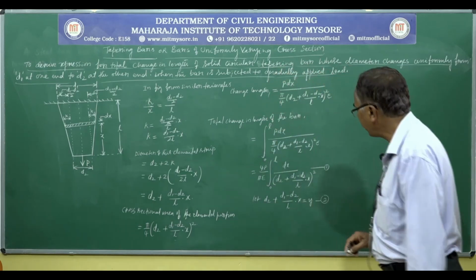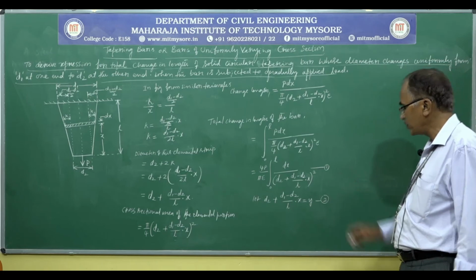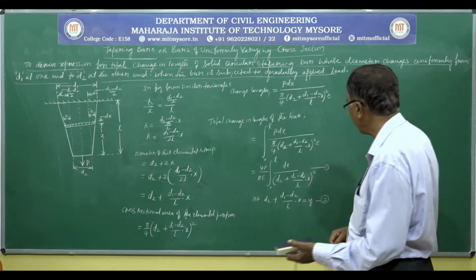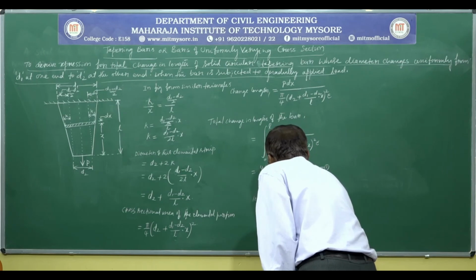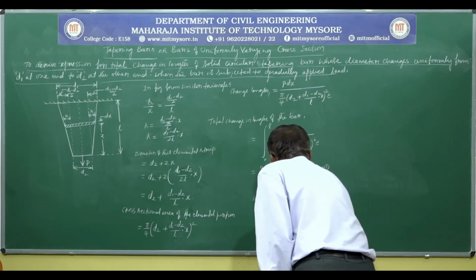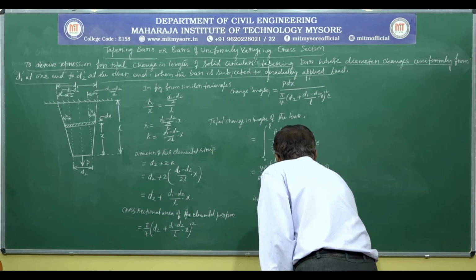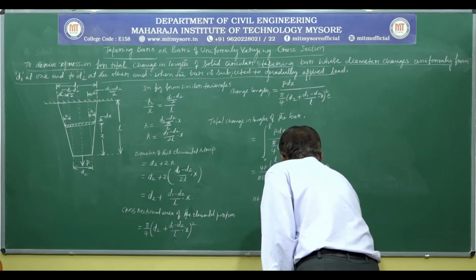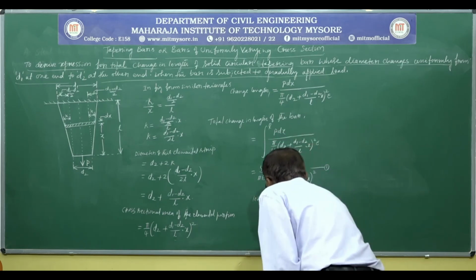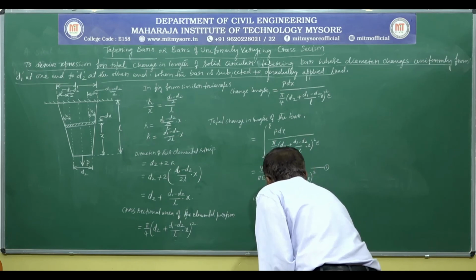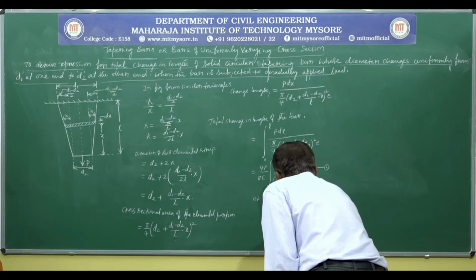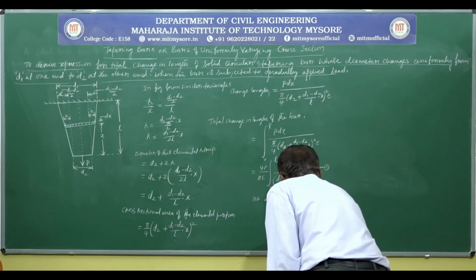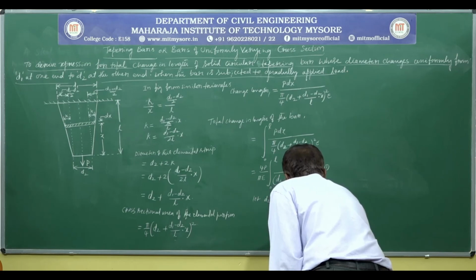Differentiating equation 2 on both sides, we get (d1 minus d2) divided by L is equal to dy by dx. Therefore, dx is equal to L divided by (d1 minus d2) into dy.